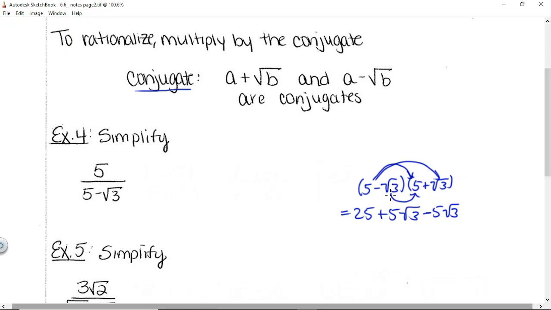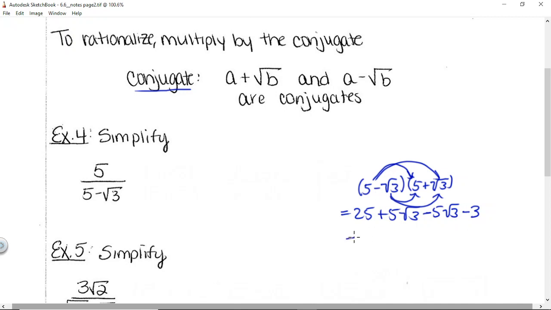And then we take negative the square root of 3 times positive the square root of 3. Okay, that's negative, because it's a negative times a positive, but it's just negative 3, right? So that multiplication gets rid of the radical in that product. Square root of 3 times square root of 3 is just 3. It's negative because we had the negative sign.